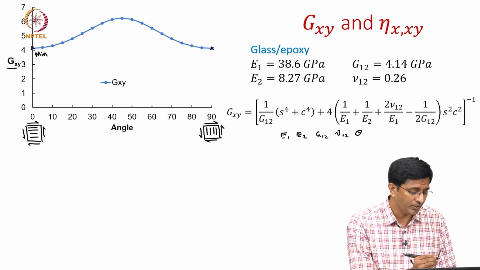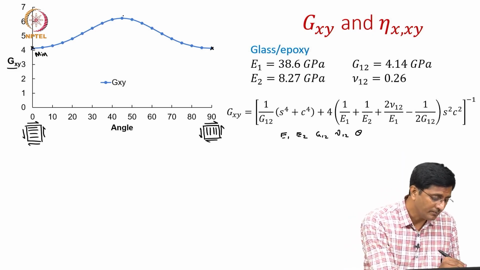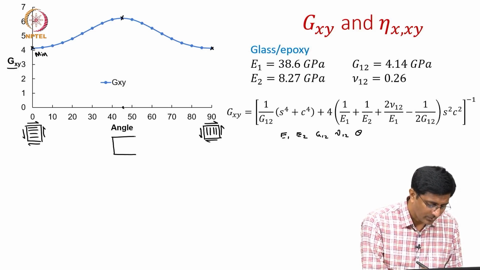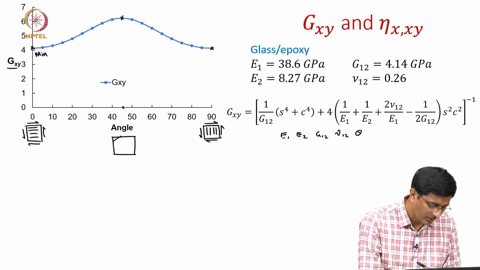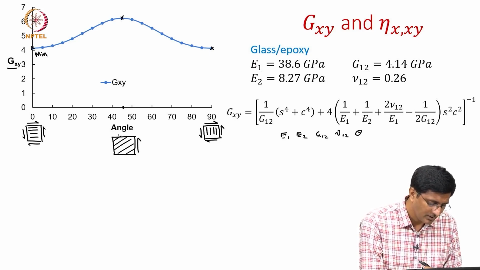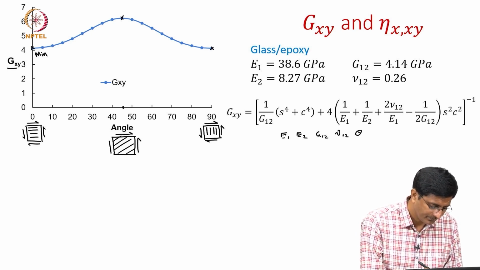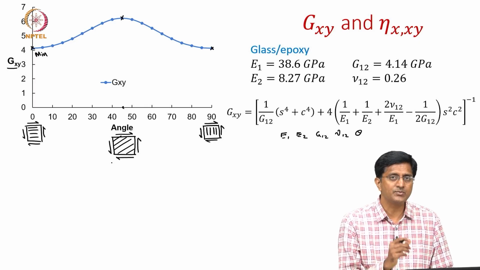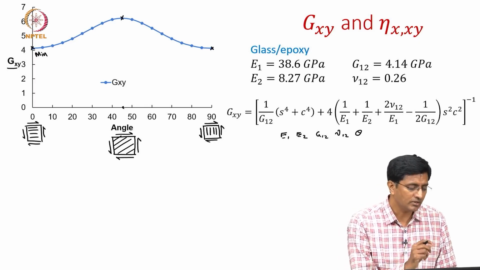But the interesting point here is we get the maximum at 45 degrees. Meaning, if the fibers are at 45 degrees to the x axis, and then you apply the shear stress, then we get the maximum shear stiffness in the component.